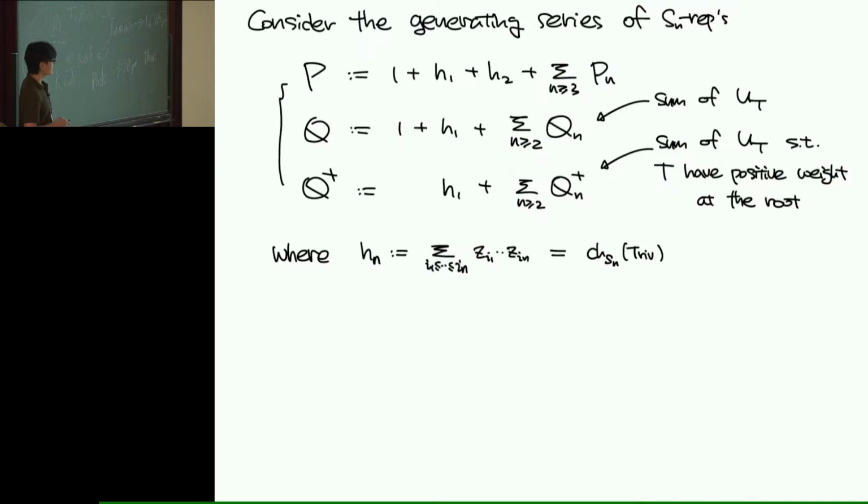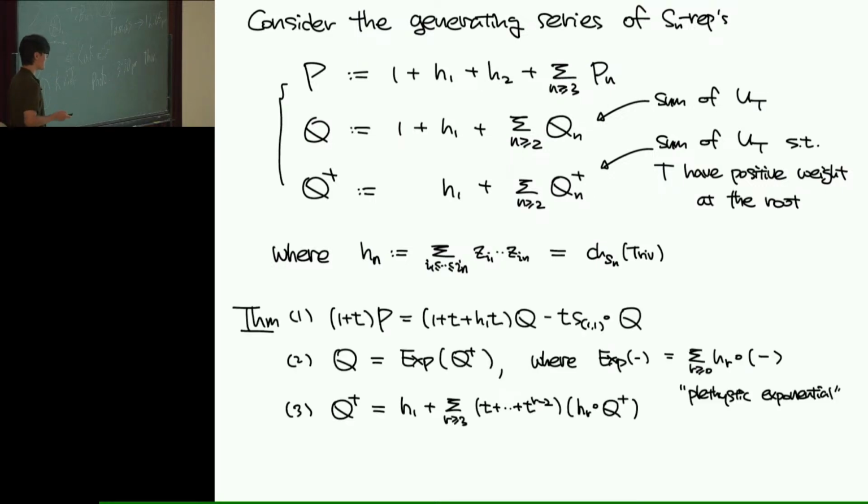And the Q plus corresponds to, okay, so this is a sum of UTs, and this is a sum of UTs, but it's only a partial sum. We allow T to only have a positive weight at the root. And here H corresponds to the trivial representation. We just put them to make the formula more concise. Okay, this is our formula.